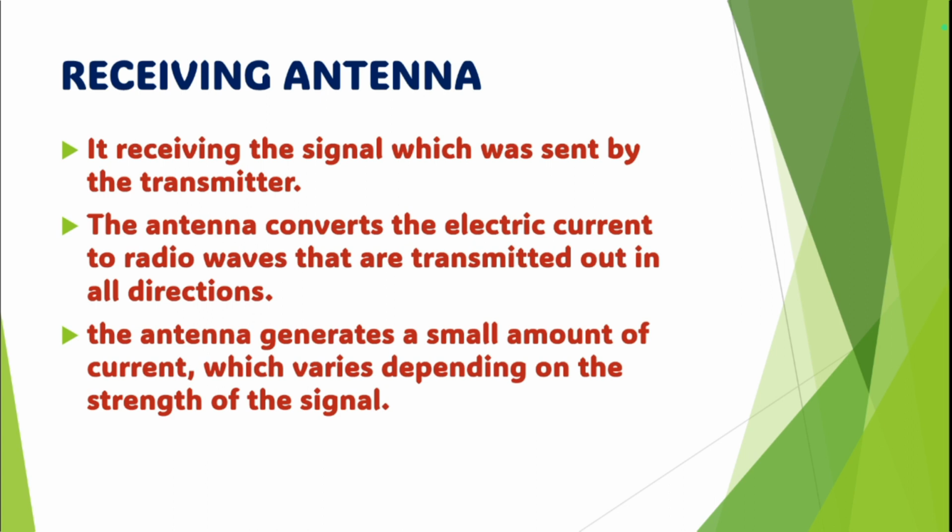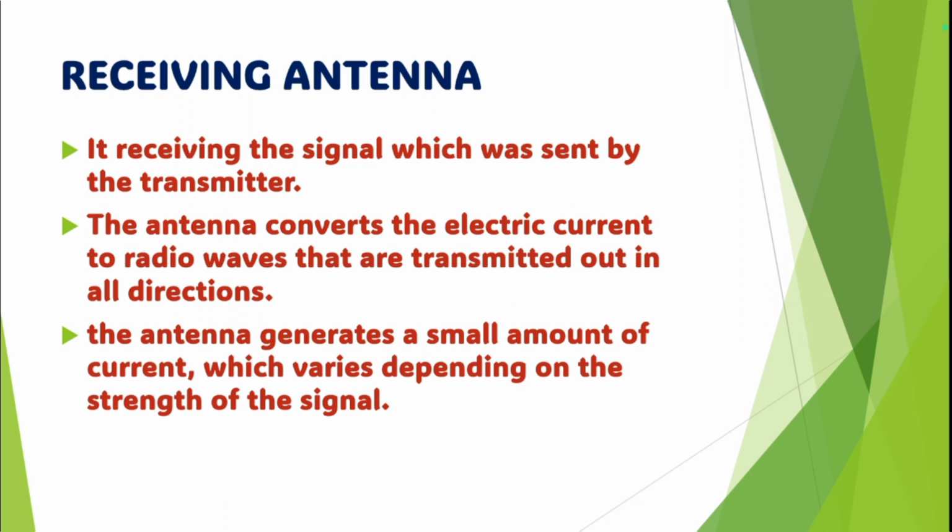What happens in the case of the receiving antenna? It receives the signal which was sent by the transmitter. It is used as a channel or medium in which the transmitter signal is received. The antenna converts the electric current to radio waves that are transmitted out in all directions.